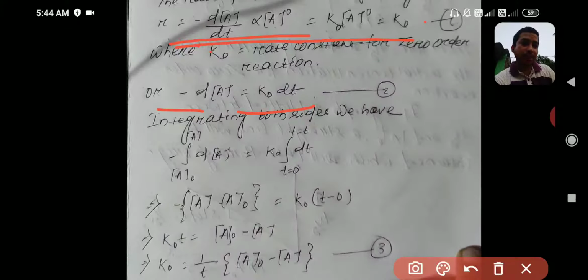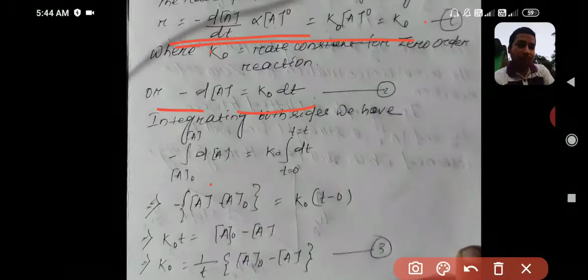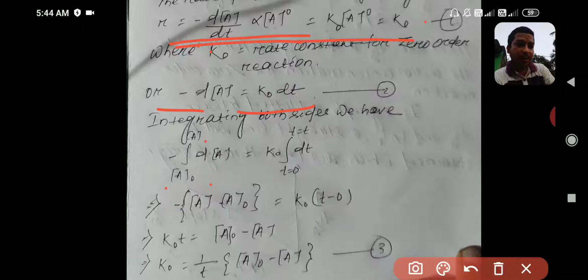Now integrating both sides, taking the negative sign outside the integration, we have minus the integration of dA, the concentration of A, varying from A0 to A, initial to final. This is a definite integral. It is equal to k0 times the integral of dt, with time varying from initial time t0 to time t.